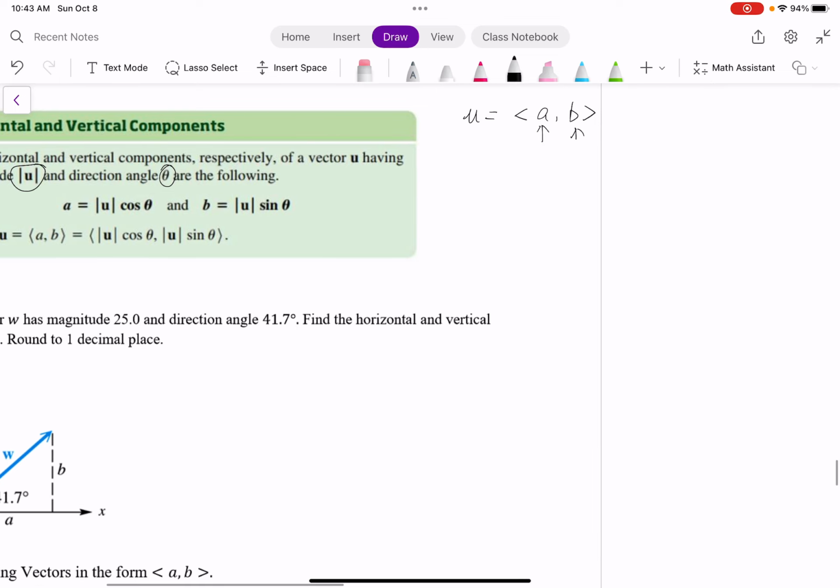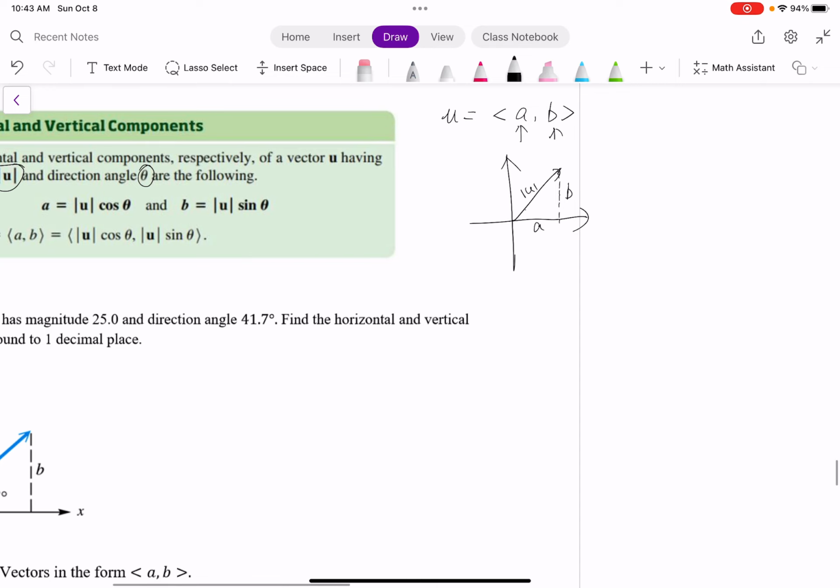Okay, let's say I have vector u in the first quadrant, and this point is a comma b. If I divide it into horizontal and vertical components, horizontal one is a, vertical is b, and this is the magnitude of u. The given information is theta. So what is cosine theta?